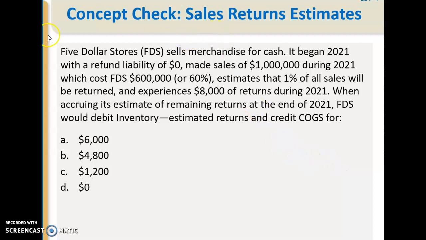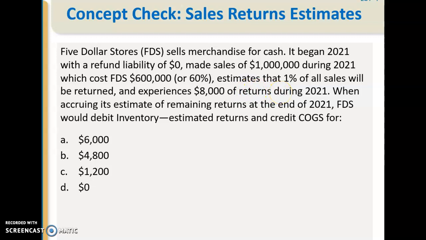Here's another one. FDS sells merchandise for cash. It began 2021 with a refund liability of 0, made $1 million in sales during 2021, which cost FDS 60% or $600,000. FDS estimates 1% of all sales will be returned and experiences actual returns of $8,000 during 2021.